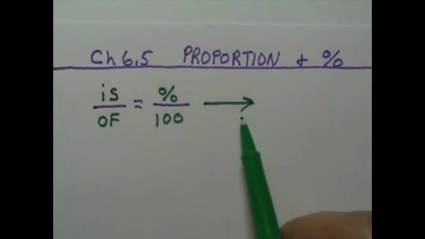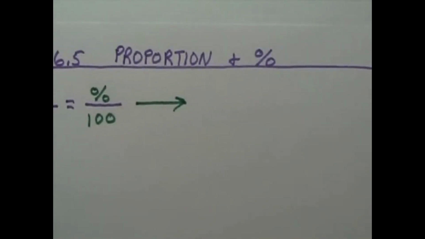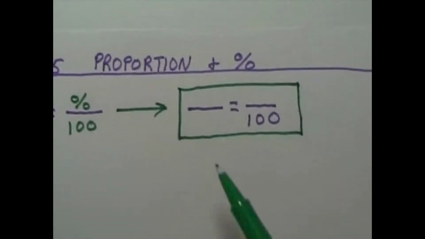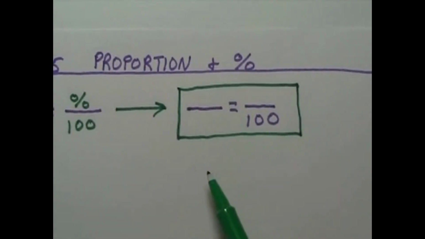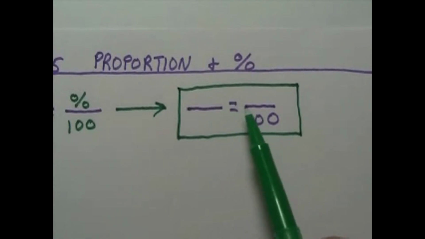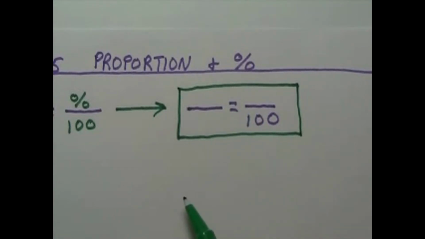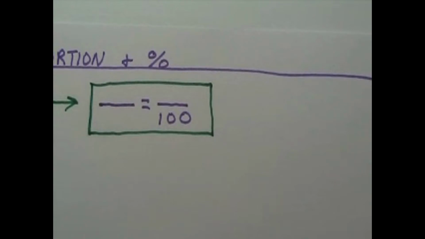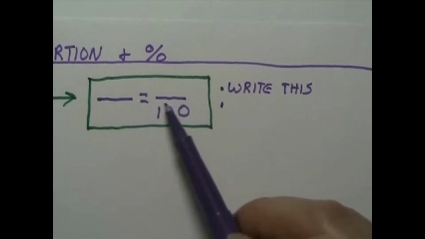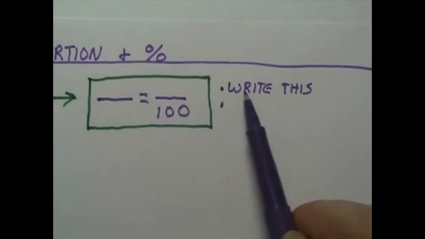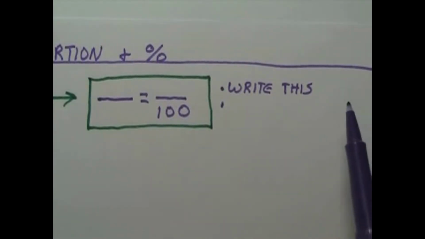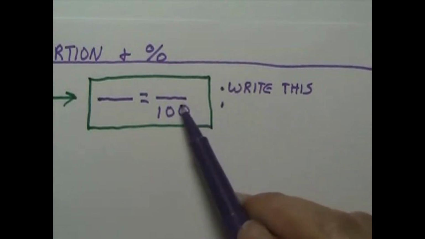Let's draw a little arrow here. So basically, for every problem, we're going to have to write this out. We're going to have to set up a proportion just like this, bar equals bar over 100. So every problem, you need to write this. These are the steps right here. Write this.